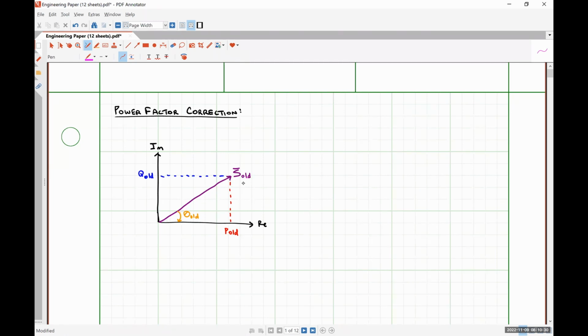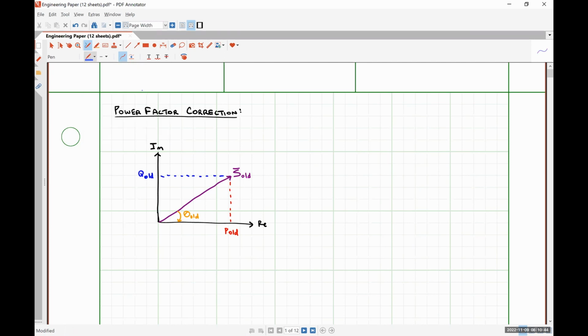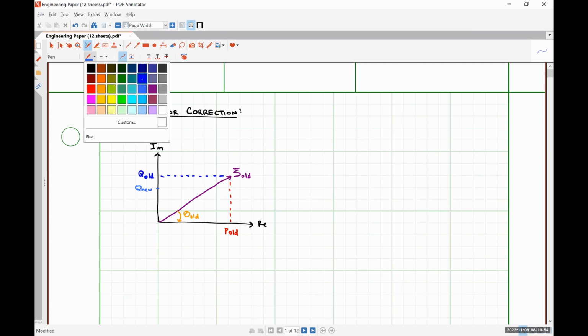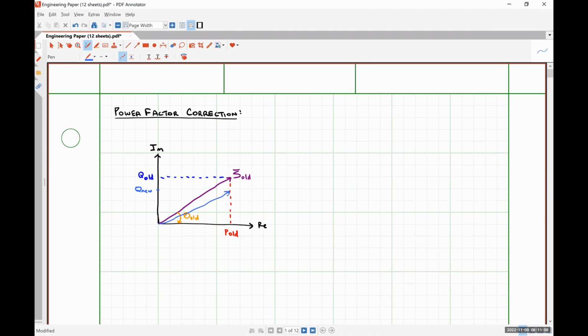So if increasing P is a bad idea, what about decreasing Q? If we can get our load to operate at a lower Q value, let's say here, while maintaining the same average power, well, that line isn't where I want it to go. Like so.